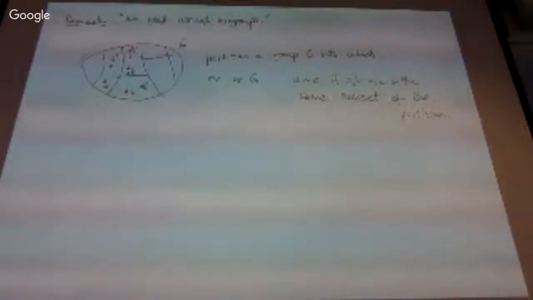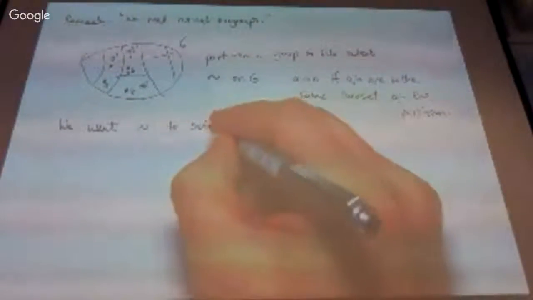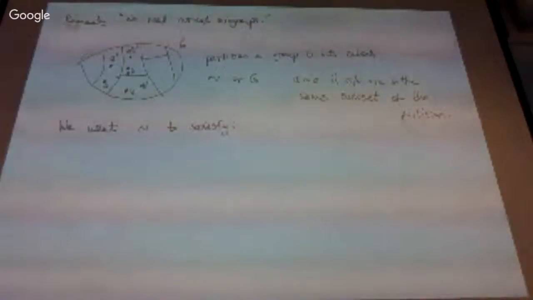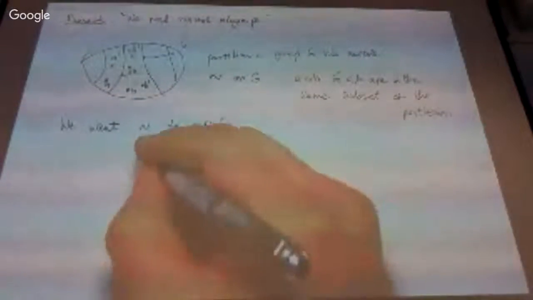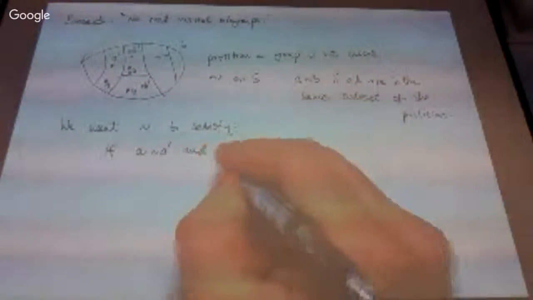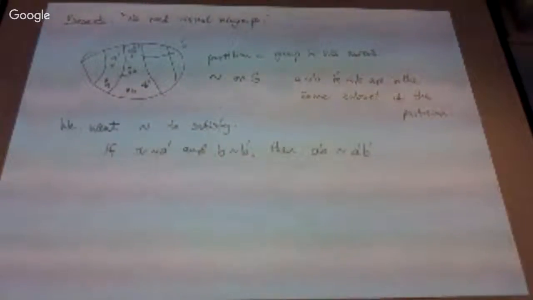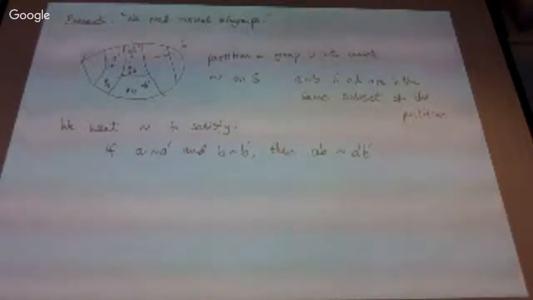We want this to satisfy that if A and A dash are in the same subset, and B and B dash are in the same subset, then the products are also in the same subset.